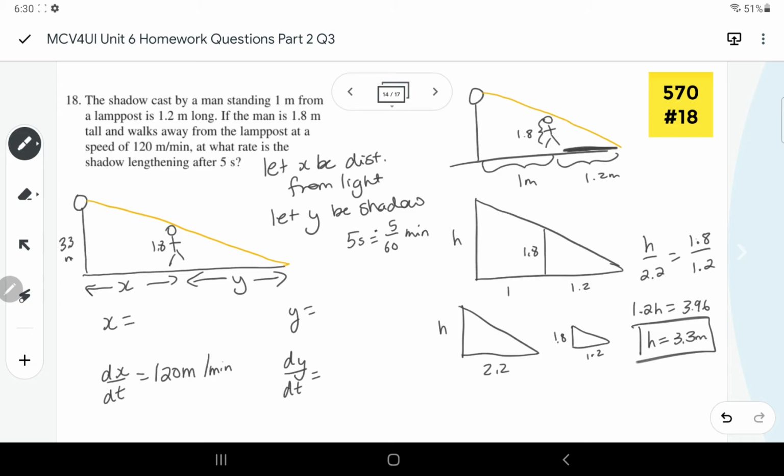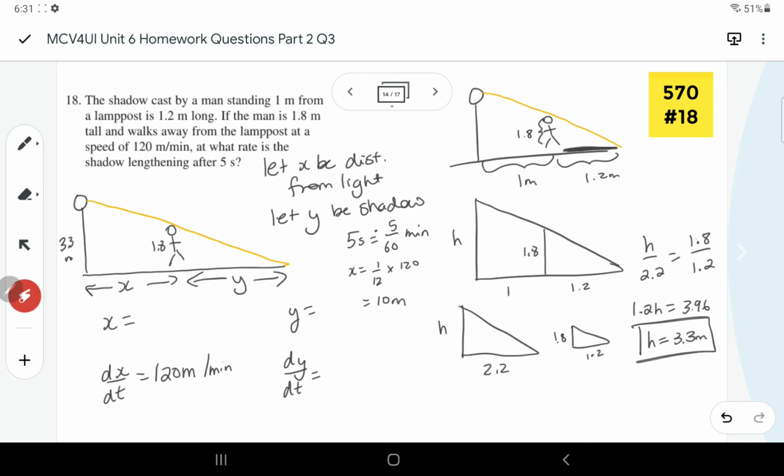So I want to figure out how far he has gone in 5 seconds. If he walks 120 meters in a minute, 5 over 60 would be 1/12 times 120, which is 10 meters.